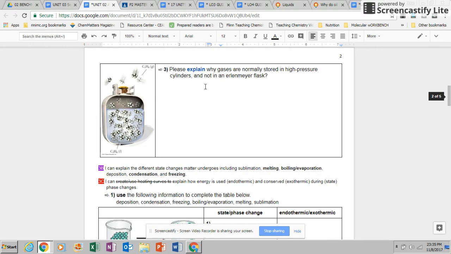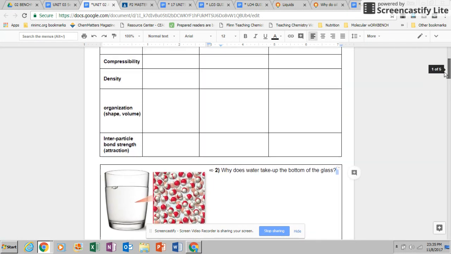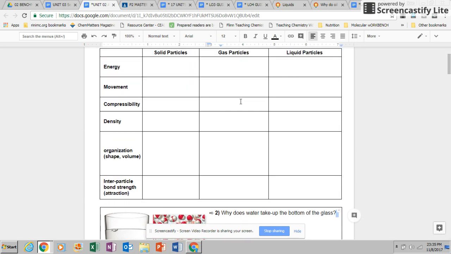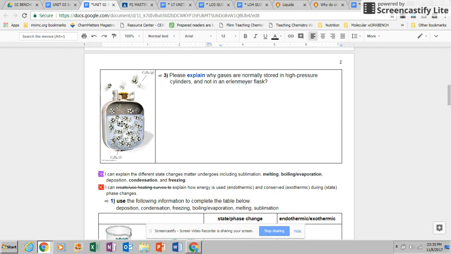But if you put them in a container like this, you can actually fit a lot more because those containers can handle high pressure, so you can compress the gases. You can push the particles together to a point where they are close enough to be a liquid, so you can fit more of them in here. So reason number one why we use high pressure cylinders to contain gases is because we can fit more of them because gas is very compressible.